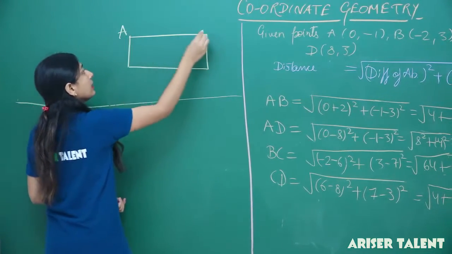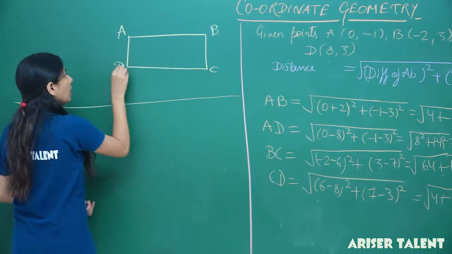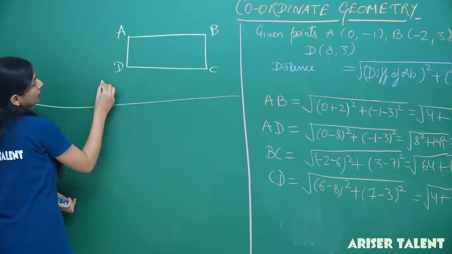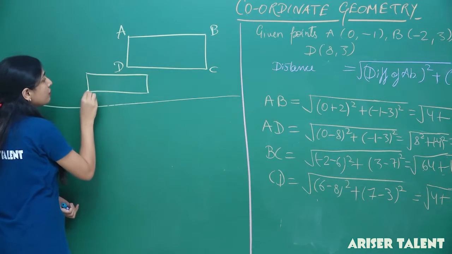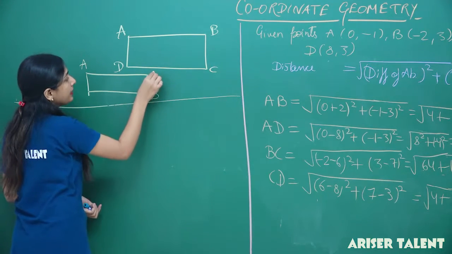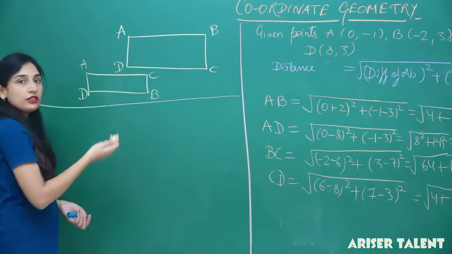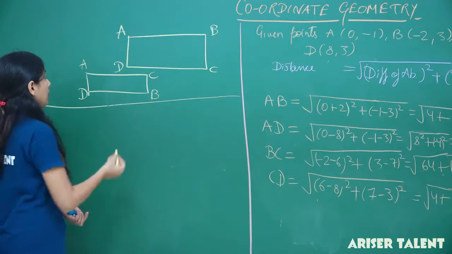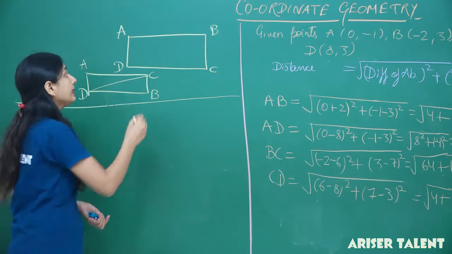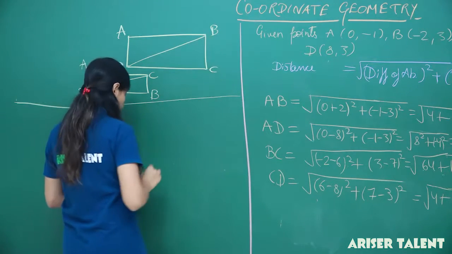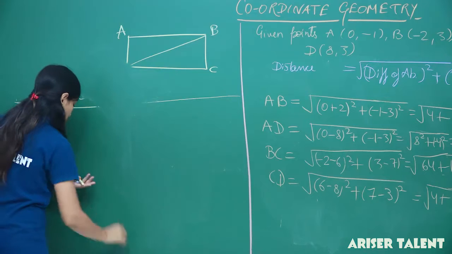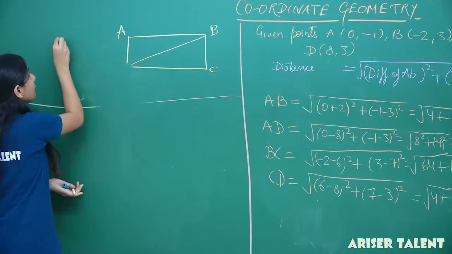Maybe this will be the pattern, or maybe this will be the pattern, that is A, let's suppose B here, C here and D here. These two patterns can be possible. In this case, CD will be the diagonal, and in this case, these can confuse you. Okay, so I'll make another one with another color.